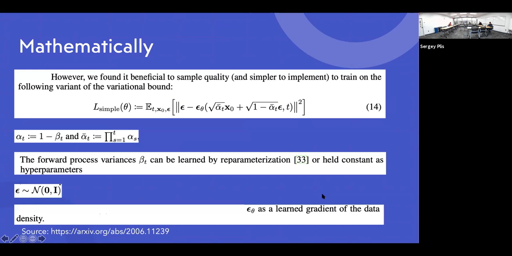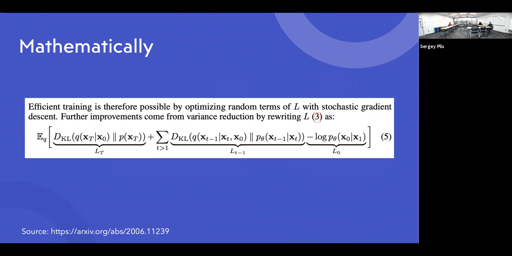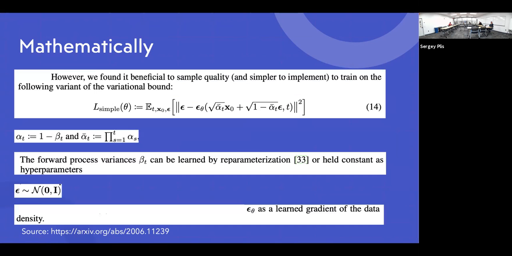So there's a lot of mathematics in between here, and I'll try to explain parts of it that are interesting. They basically say, this is our general objective, but we don't have to optimize it, because we can do a much simpler thing. And this looks much more clearly like Langevin dynamics.